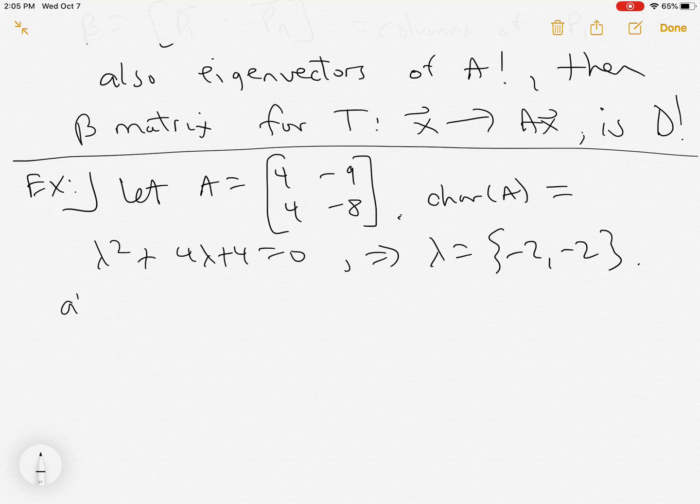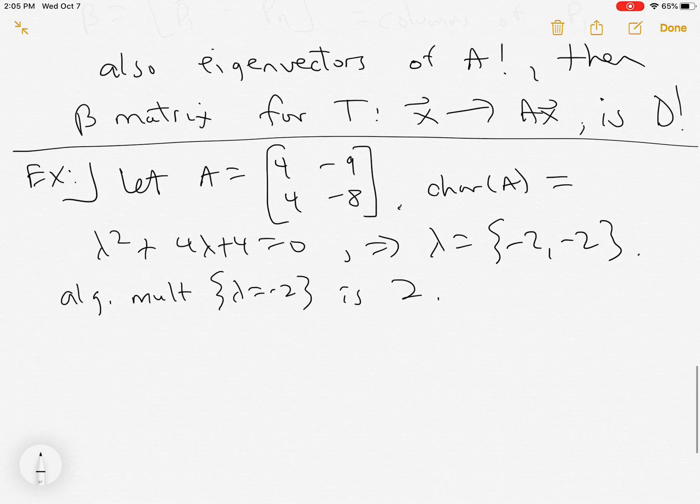So the algebraic multiplicity of lambda equaling minus 2 is 2.